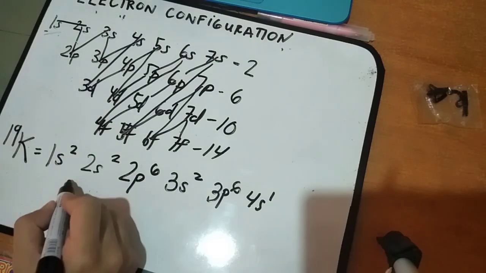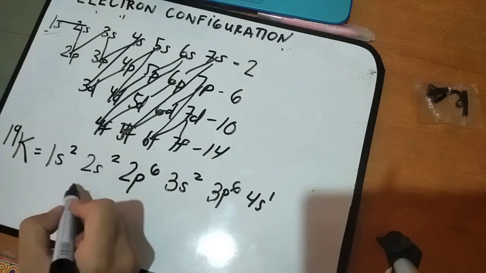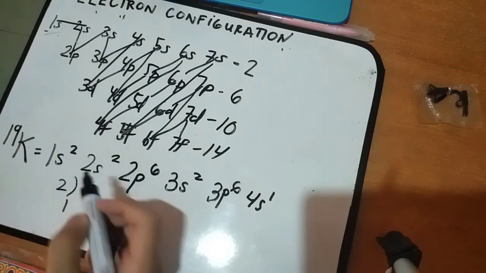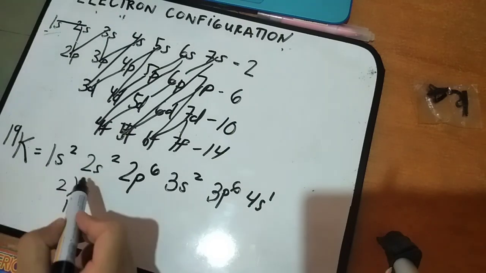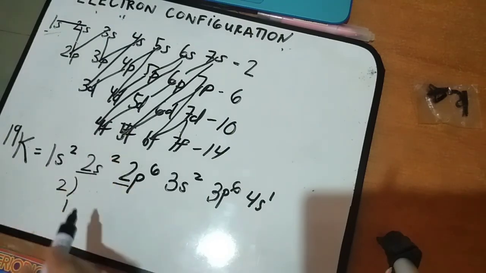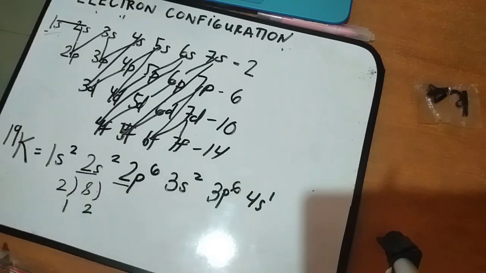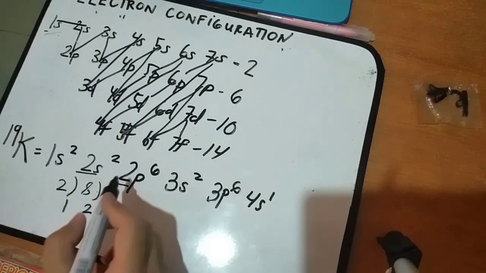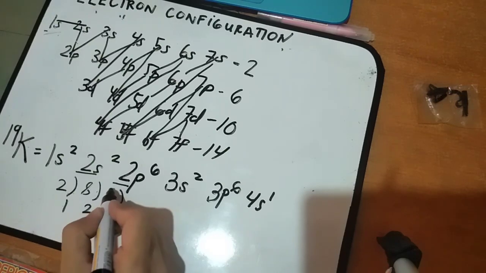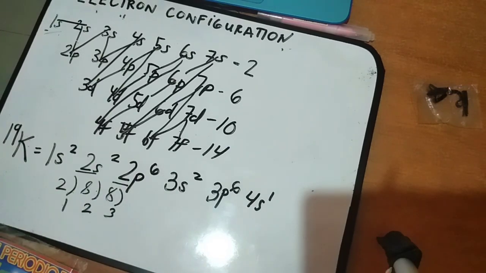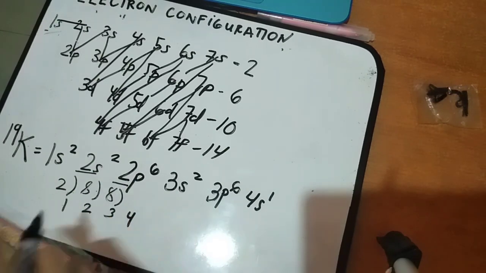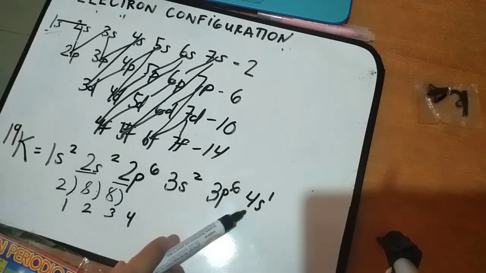So, first energy level is 2. Second energy level, so add natin lahat na nasa second energy level, 8. Third energy level, 8 din. Then, we reach the last one, which is 4.